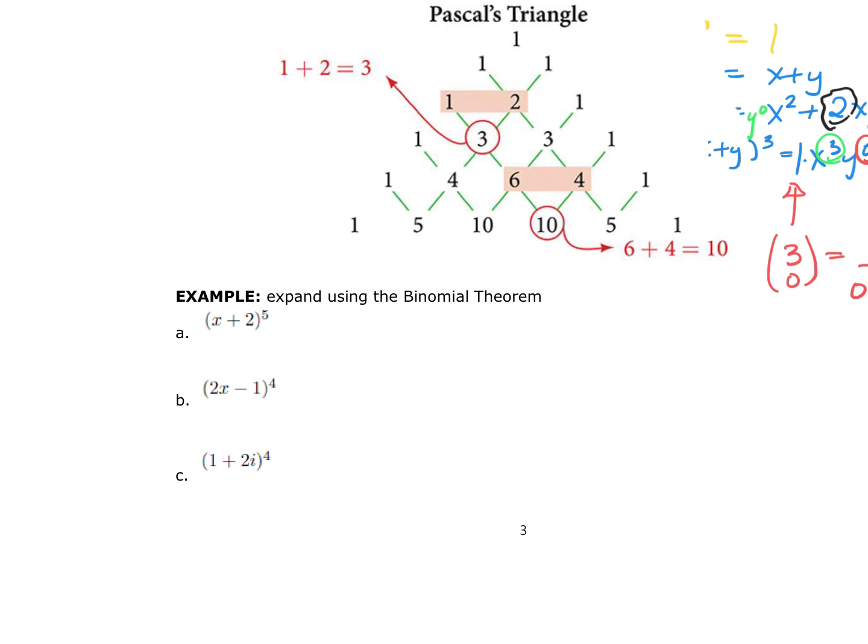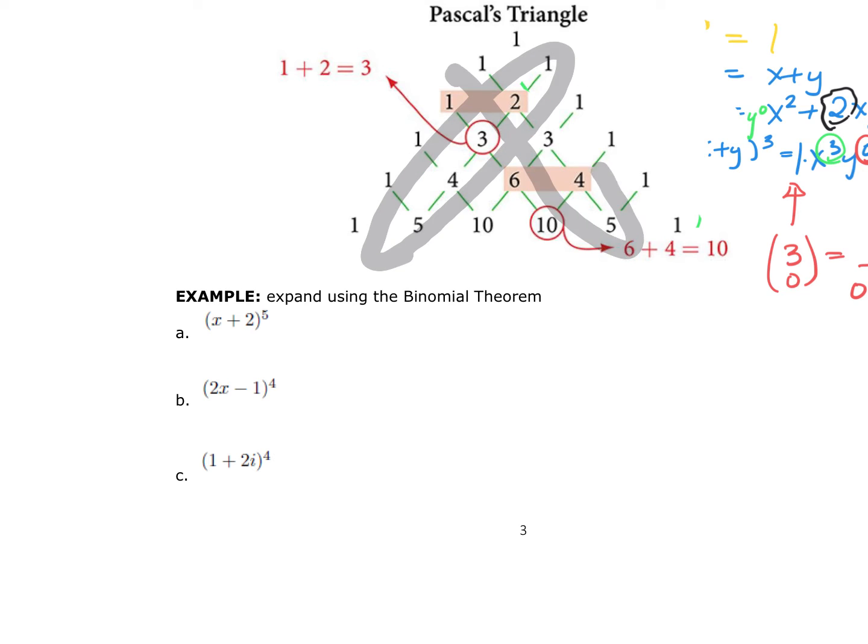Notice, to build Pascal's triangle, there are 1s on both outsides of the triangle, like the sides of the triangle are 1. And notice on the second diagonal here, it goes 1, 2, 3, 4, 5, 6.